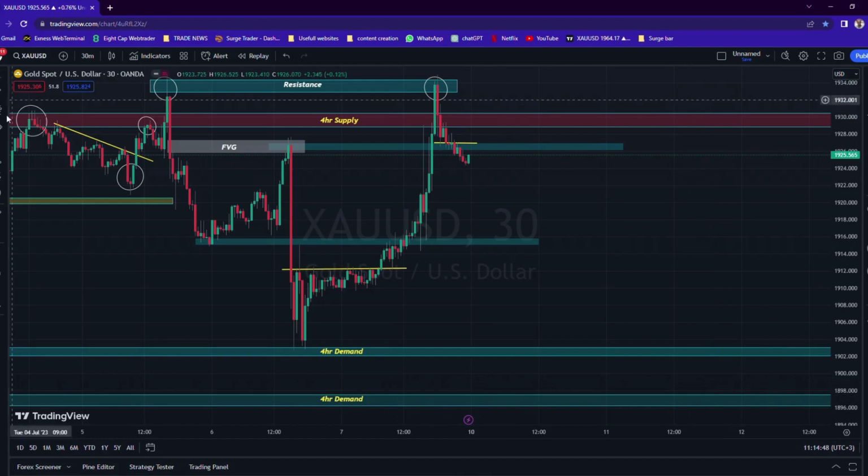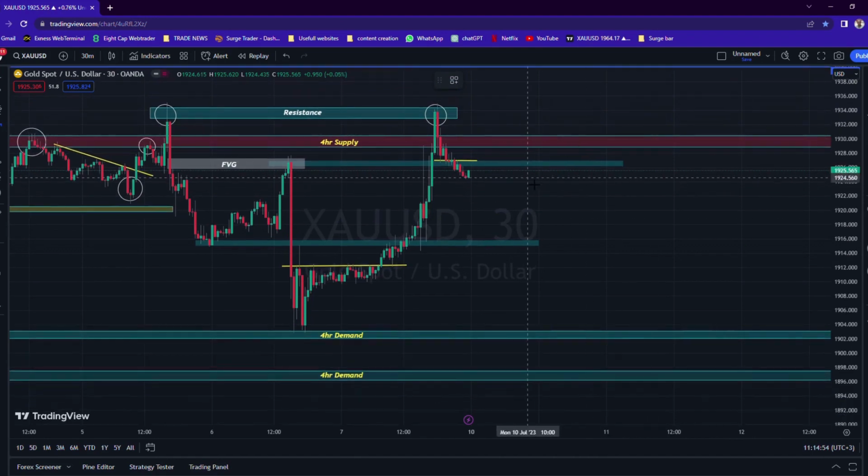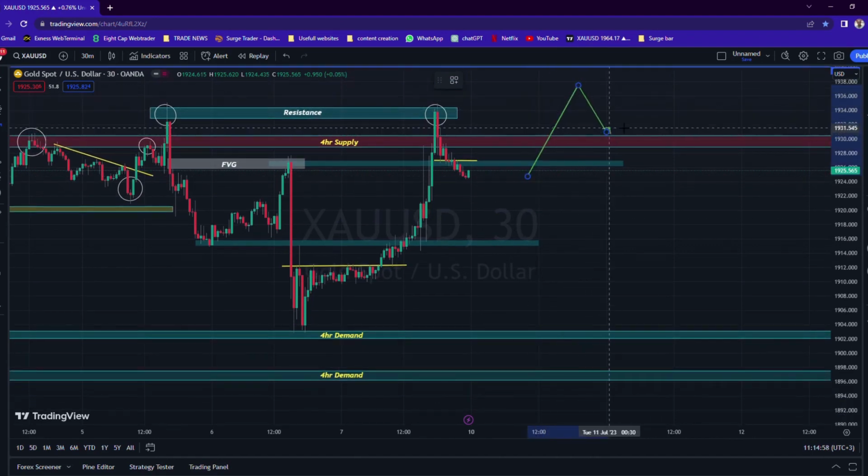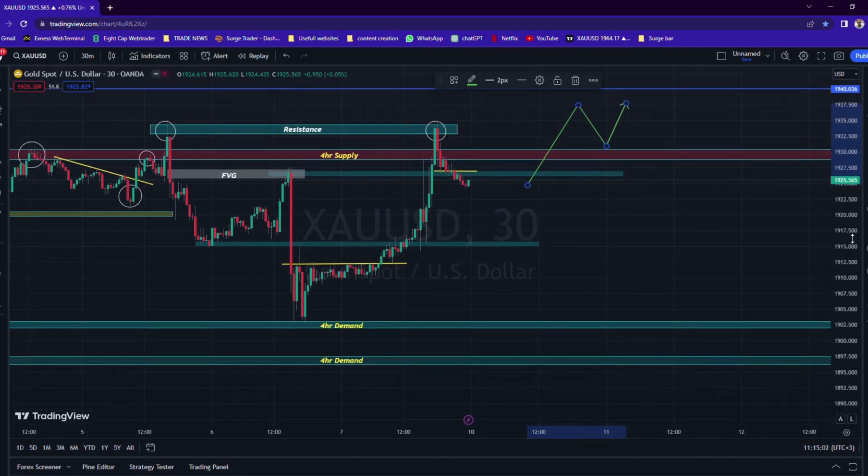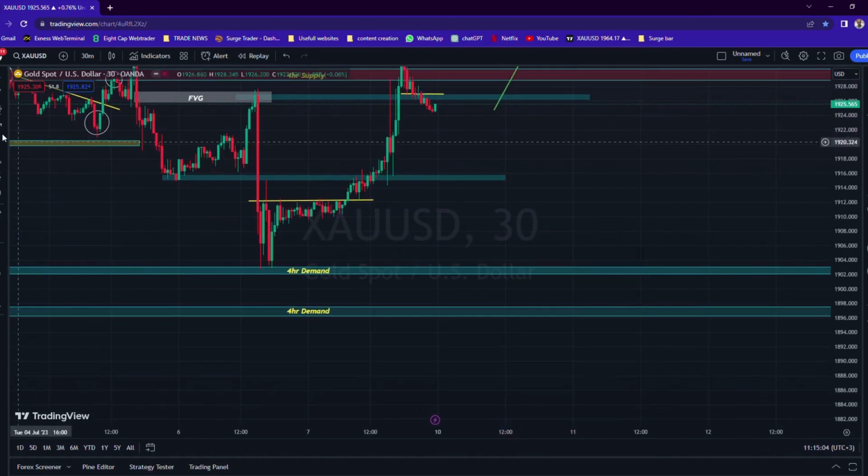So what I'm trying to say here is, if you see the break above this zone and it creates a support above that zone, we'll go for the longs up to 1940. And if you see a break below this zone, there is another demand zone right here.